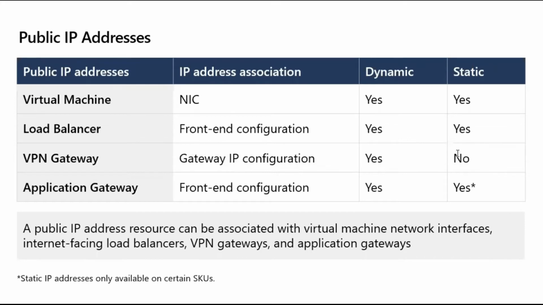So we cannot assign that gateway IP address manually or statically. Application gateway front-end configurations: both dynamic and static we can have. So a public IP address resource can be associated with a virtual machine's network interface, internet-facing load balancers, VPN gateways, and application gateways.